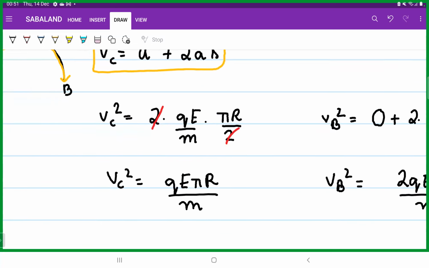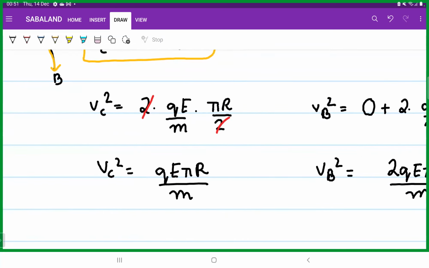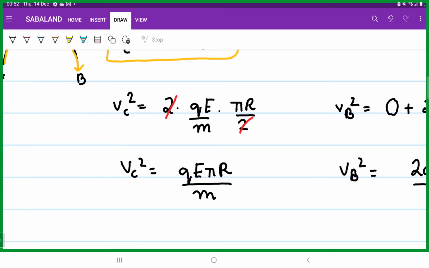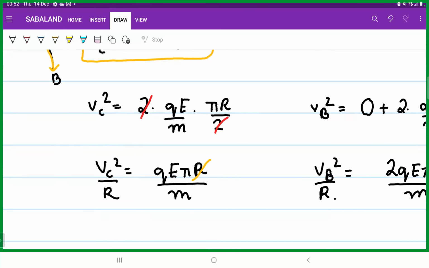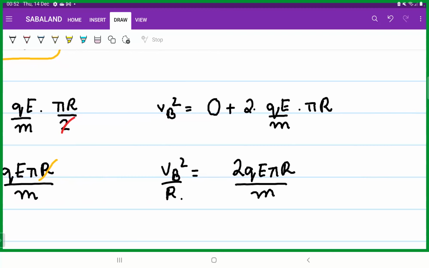So now we will get the centripetal acceleration if we divide this by the radius of the path, which is constant, that is equal to r. So this divided by r and this divided by r will give us qE pi by m and 2 qE pi by m.